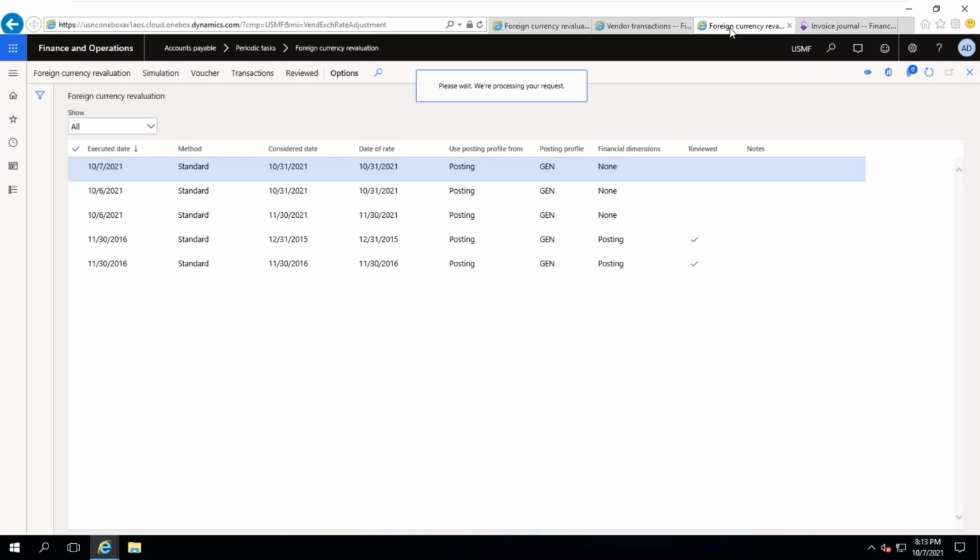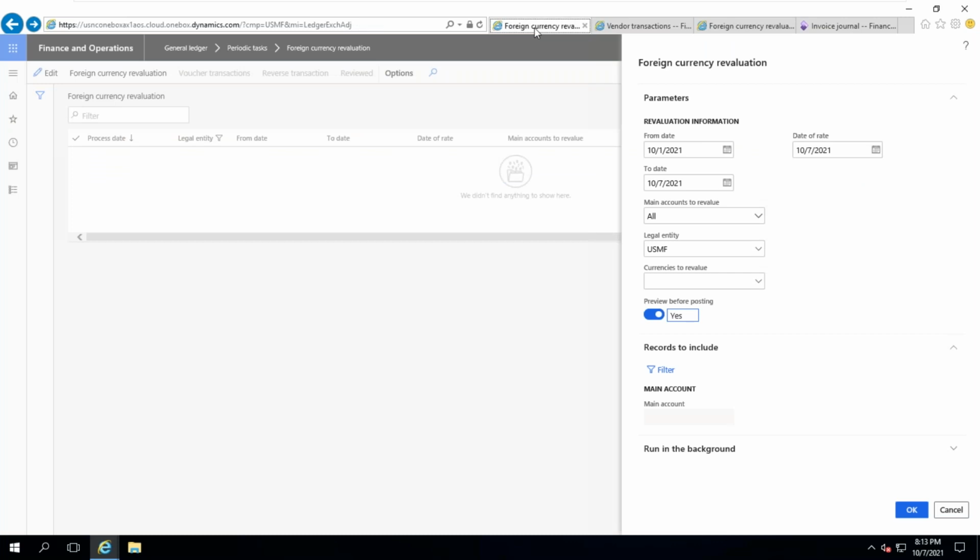And one question on the GL thing. Can you go to the GL screen? Usually, if I'm done for the month end of, say, September 30th, I'll select the from date as October 1st till October 31st, correct? Yes, exactly. October 1st to 31st, and the date of rate would be the 31st.